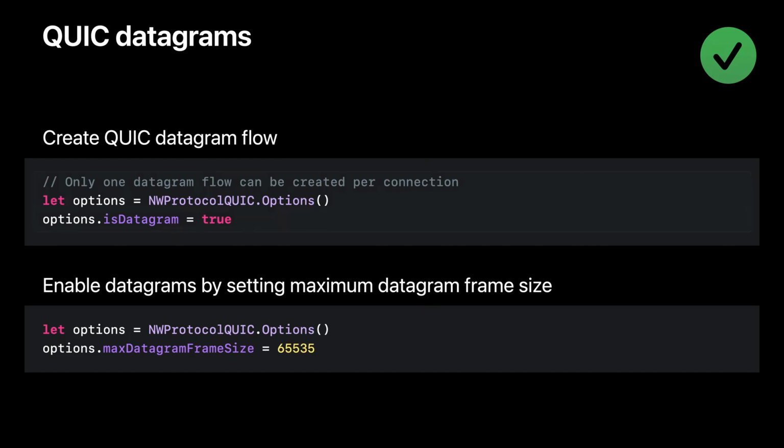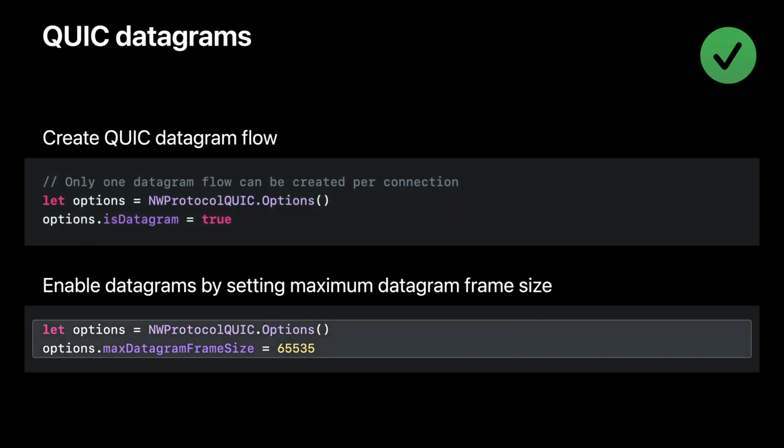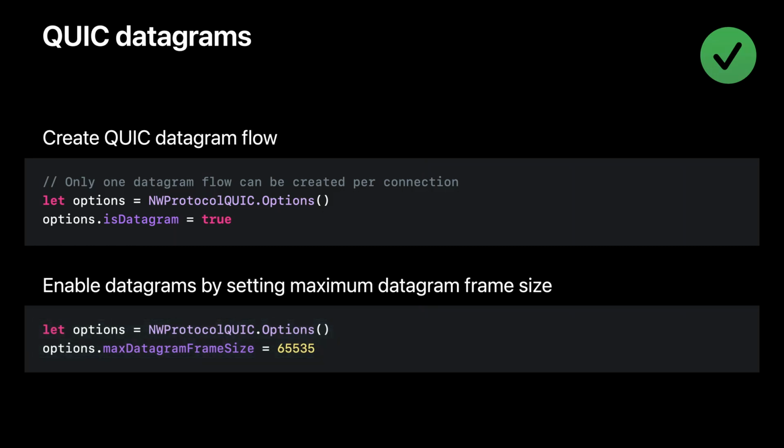To opt in on the client, set isDatagram to true on your QUIC options and set the maximum datagram frame size you want to use. After creating the datagram flow, you can send and receive on it just like any other QUIC stream.